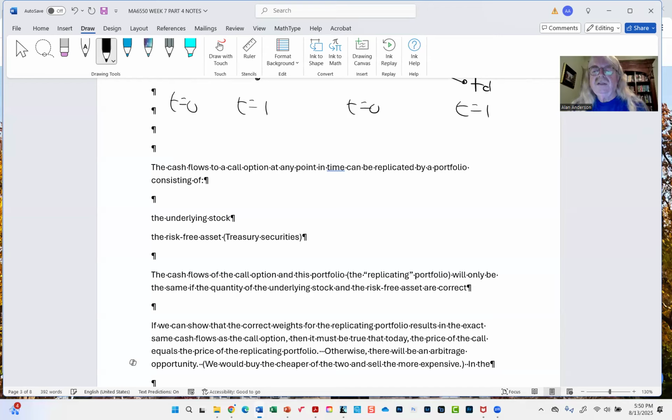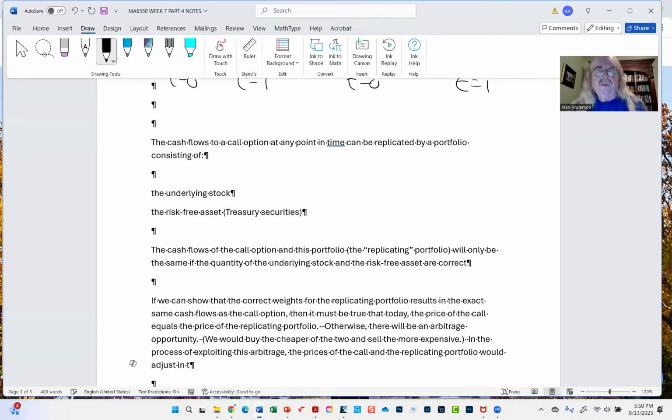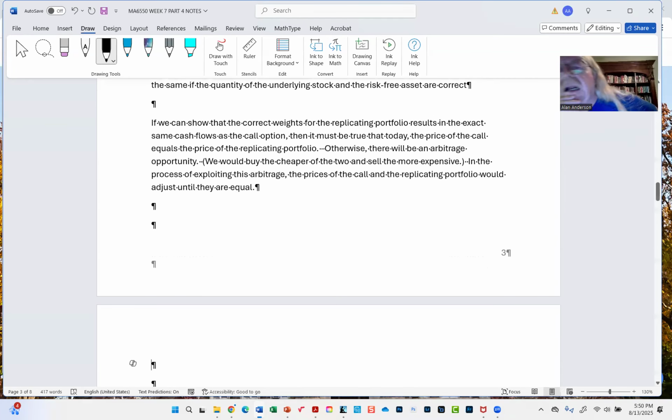In the process of exploiting this arbitrage, the prices of the call and the replicating portfolio adjust until they're equal. So the question is, how do we come up with those weights? Where do those come from?